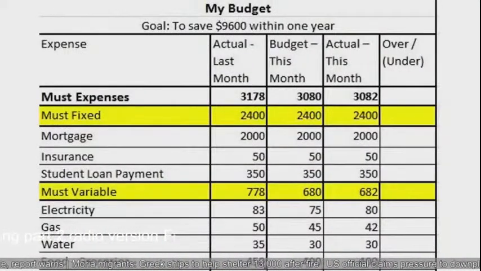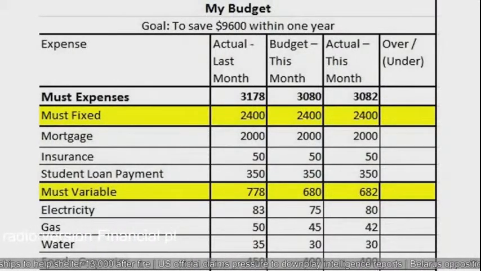So as you can see, on the left hand side, there are all the expenses. And you can see, as I explained earlier, the must expenses, the optional expenses, and in between I'll point out to you some of the expenses that could be considered reserve expenses. The first are the must fixed expenses. So let's look at what are the must fixed expenses.